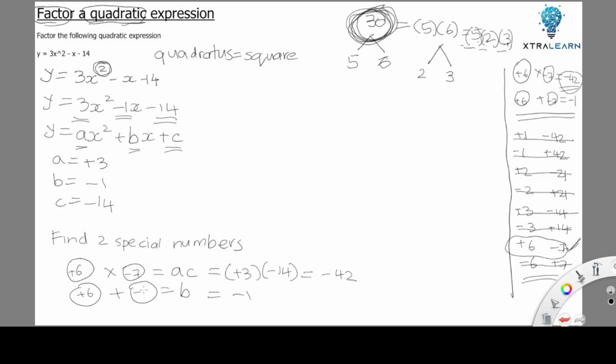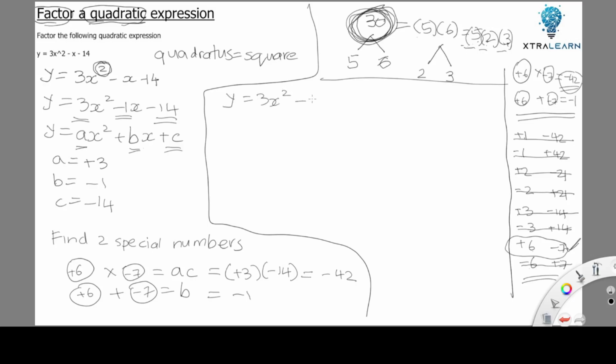Now that we know our two special numbers, we're going to continue the question over here. Let me write the question out again. Y equals 3x squared minus x minus 14. We know that this middle number, the -1x, can be split up into +6 and -7.